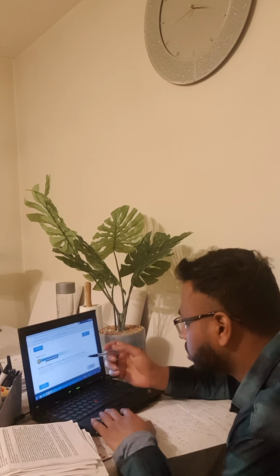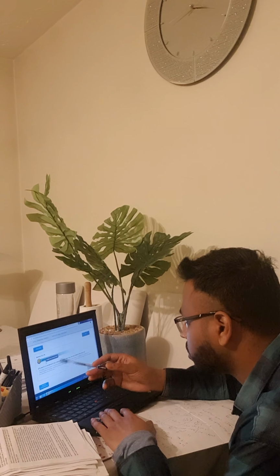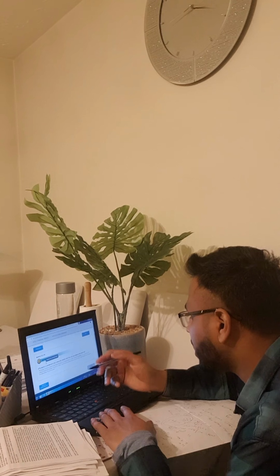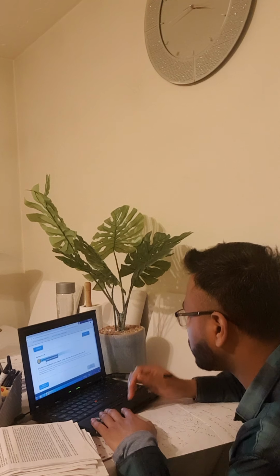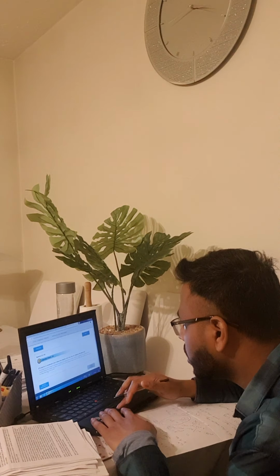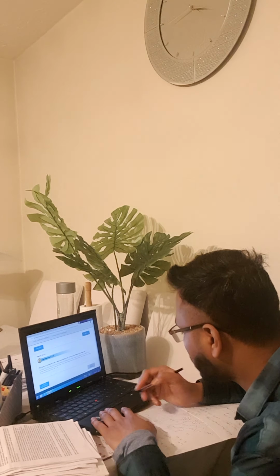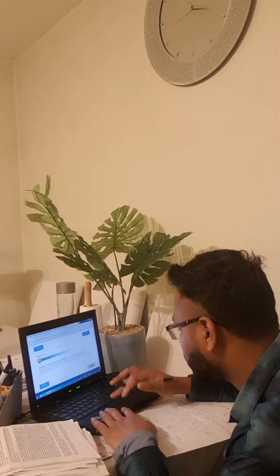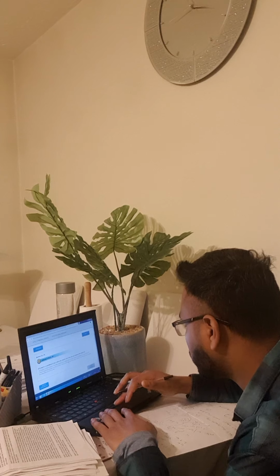Then question number 22 is asking, aspirin is considered a weak acid, explain why it is weak and what pH they're asking. The strength of an acid is based on how many hydrogen ions it releases in solution.